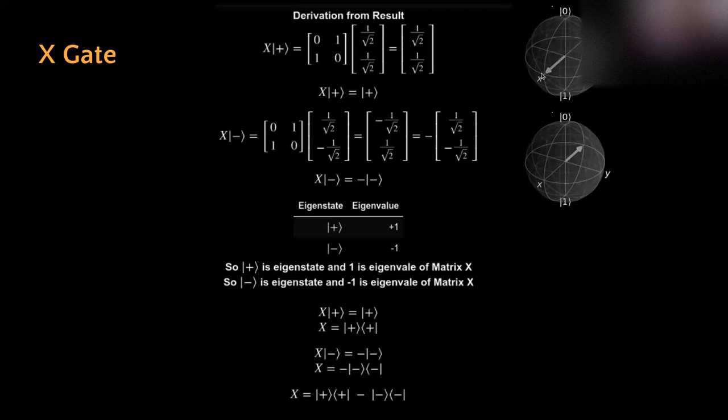Therefore, the positive direction of x, which represents ket plus, and the negative direction of x-axis, which is ket minus, are unaffected by the rotation about x-axis. Therefore, they are the eigenvectors of X matrix. So this we have just found out intuitively from our definition of the X matrix.